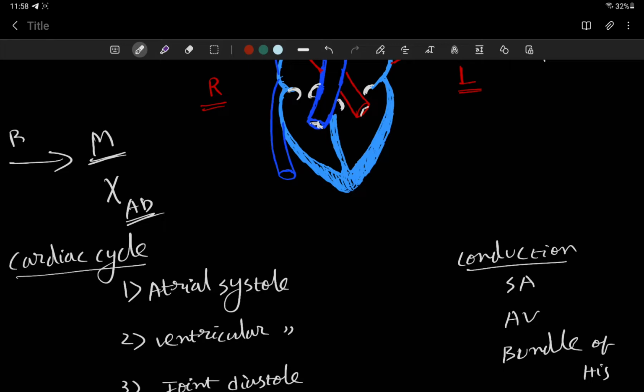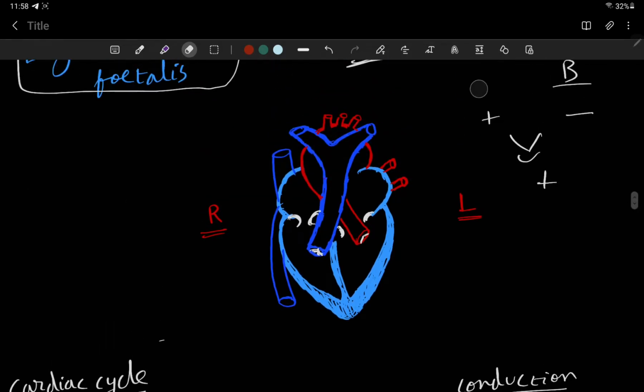Okay. Now we will discuss the process of blood circulation in the human heart. So let's see a diagram of the human heart. This is a diagram of the human heart where 4 chambers are represented.